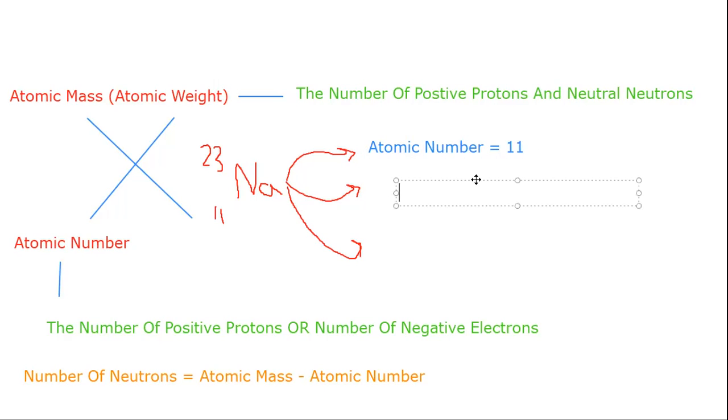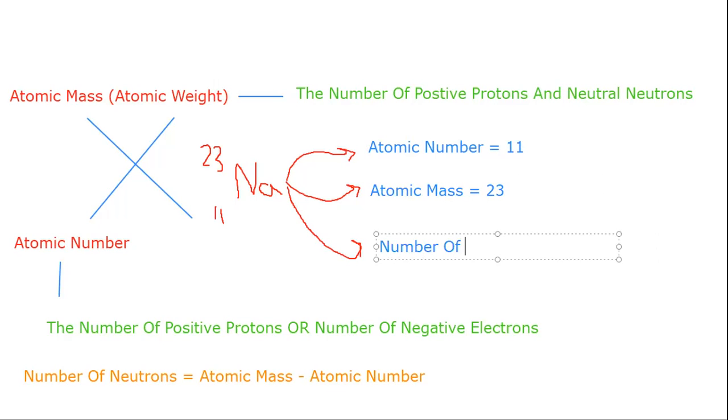And atomic mass equals what? 23. Excellent. Atomic mass equals 23. Number of neutrons equals what? 12. Yes, 12.